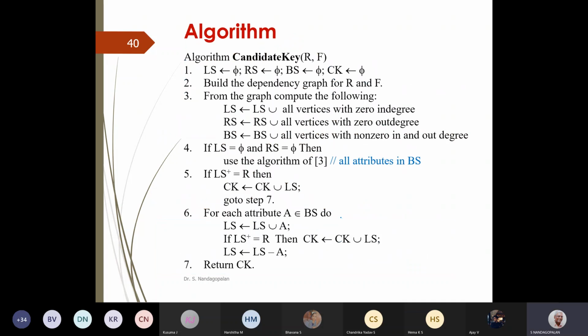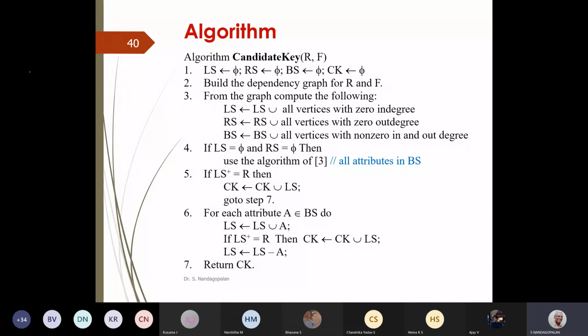So now, putting it all together, what I have shown you, the steps earlier, in algorithmic form, because this is my own algorithm. Putting all these concepts together, because you don't get these things in the book, Navathe or Ramakrishnan, nowhere.